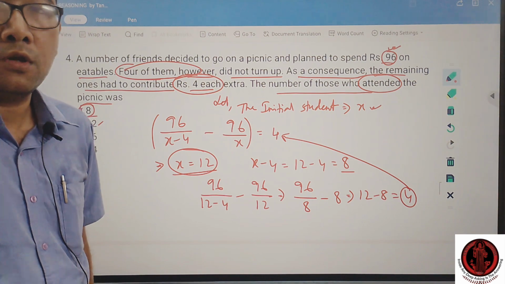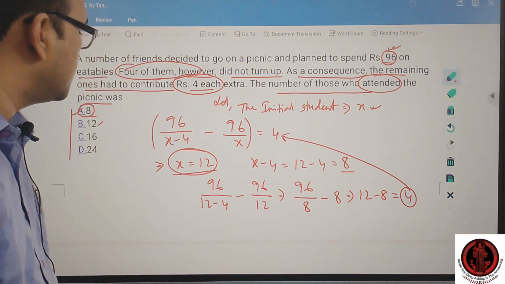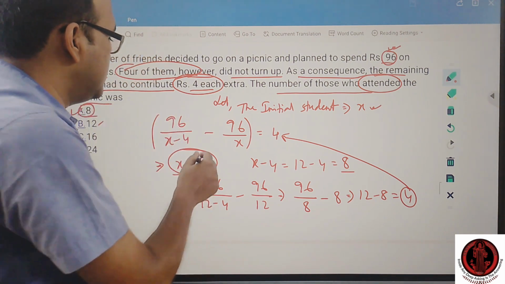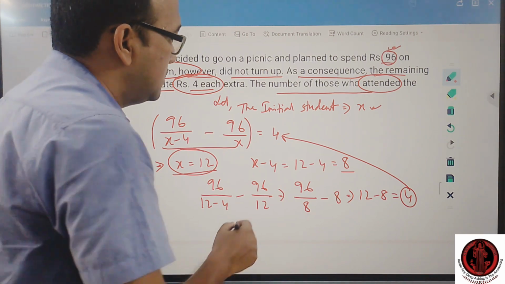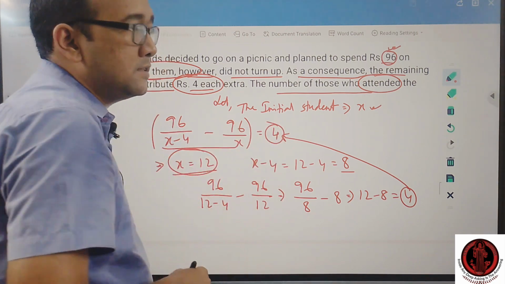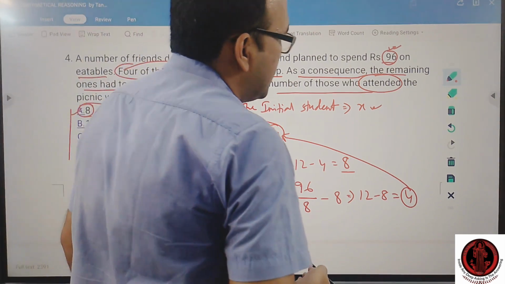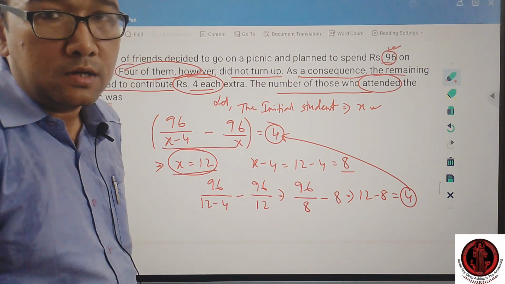So you don't have to solve the equation in the problem, as in the question the options are given. You just put the option, that is the value of x, in the left hand side. If you can find out the right hand side, that is the answer. Okay, that will take less time. If you solve this equation, then that is a quadratic equation.